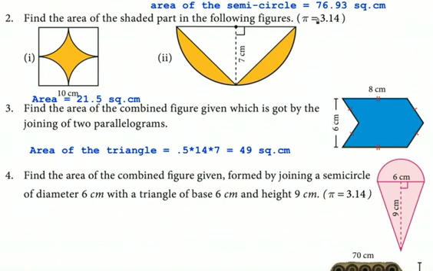So this area is nothing but overall area minus area of triangle. 76.93 minus 49, which is 27.93. Correct only. 27.93 square cm is the area that has been asked in question 2. Okay, let's put this one here.